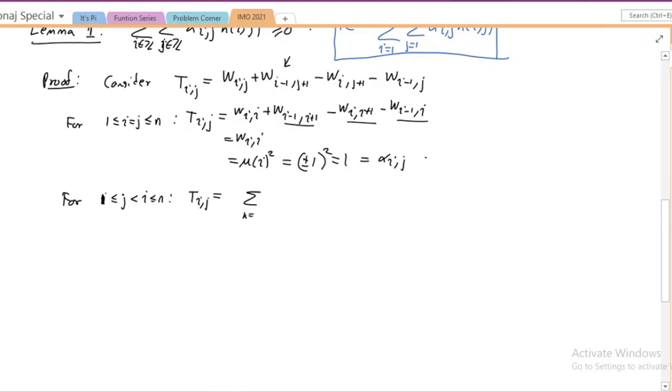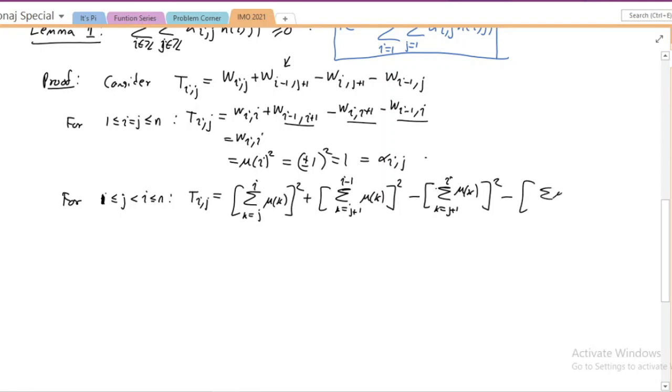So we're just going to write everything based on what we expressed. So this is a normal one, mu i mu k. So we're taking this squared. Now this one could be empty if i is equal to j plus 1, and that's the only time it's actually empty, and that will just be 0. So this is still actually well defined. So we'll write it that way. Sum over k from j plus 1 to i of mu k.